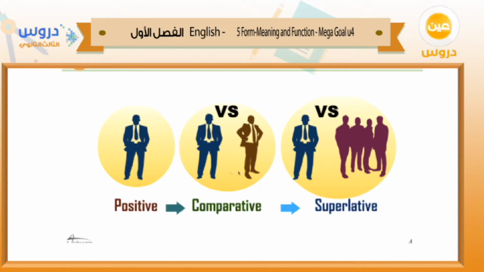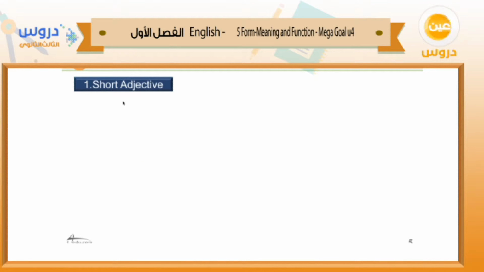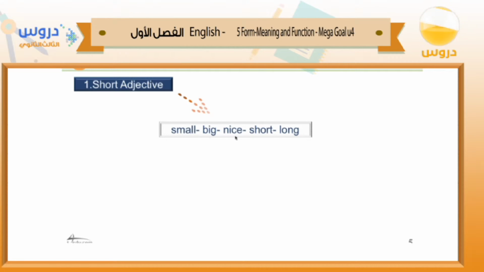Comparative: two persons or two things. Superlative: one among many people, or one thing among different things, or a place among different places. So this is the meaning of comparative and superlative. First of all, we have short adjectives, like small, big, nice, short, long.